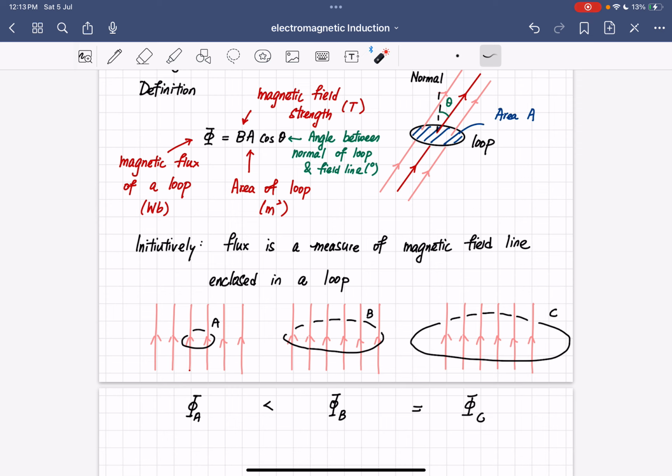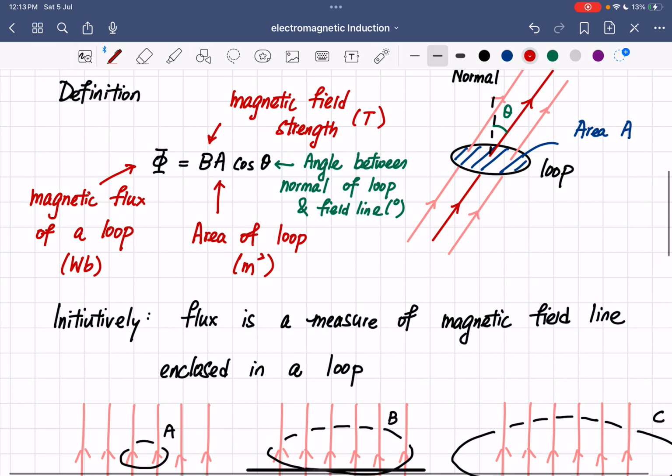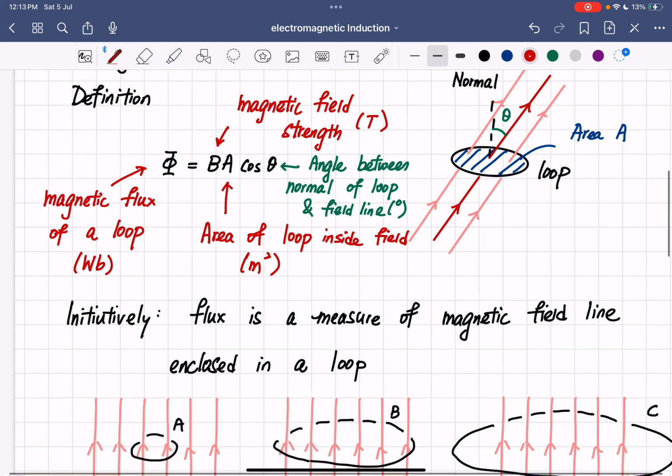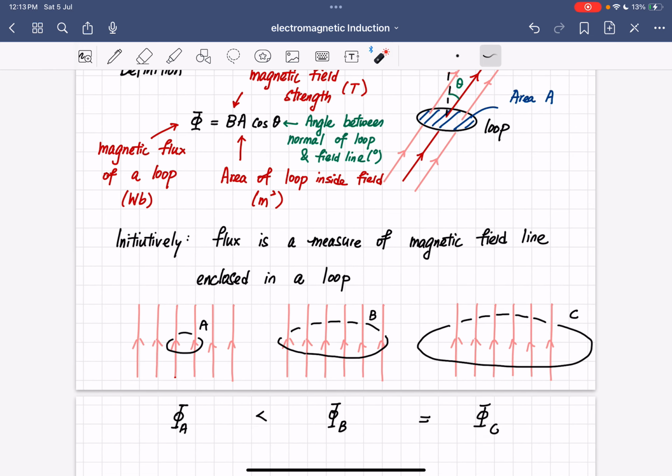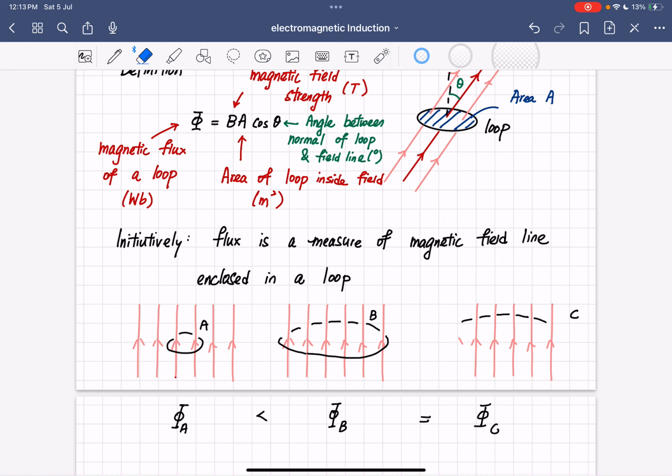Sometimes people call it the effective area of the loop, or maybe a better way would be to write it as the area of the loop inside the field. So therefore, those regions right here and here are not inside the magnetic field. So therefore, we will not consider them.